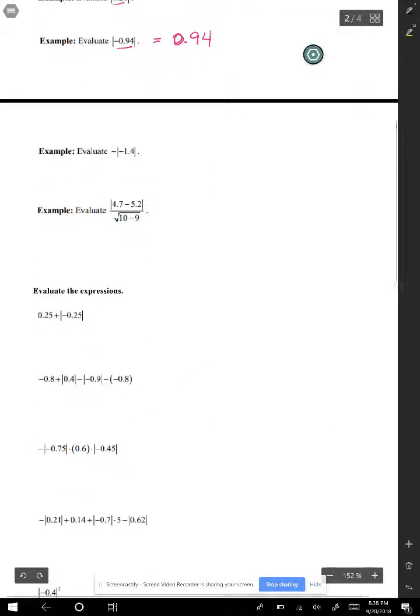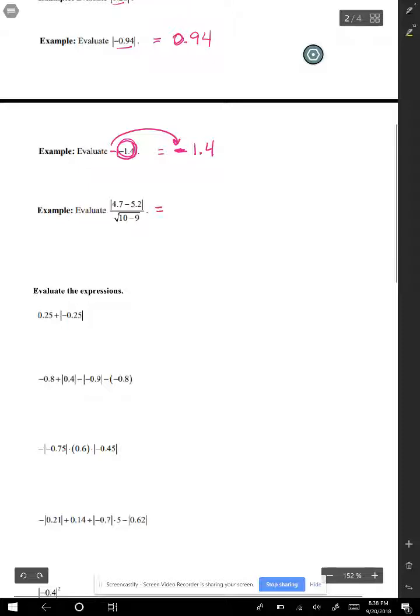On the next example, you'll notice there's a negative in front of the absolute value bars. That negative is still there, and it's like having -1 times something, and then we're looking at the absolute value of -1.4, which is positive 1.4. So the negative gets carried along, and the absolute value of -1.4 is 1.4. So together, that would be -1.4.